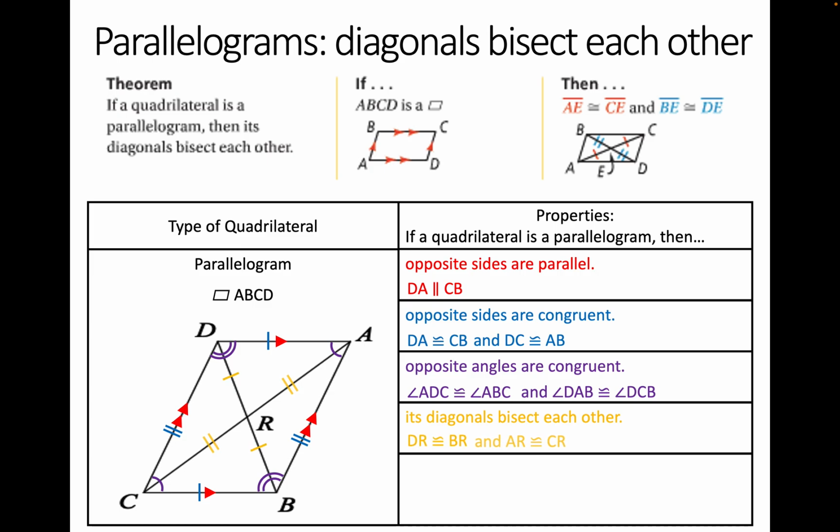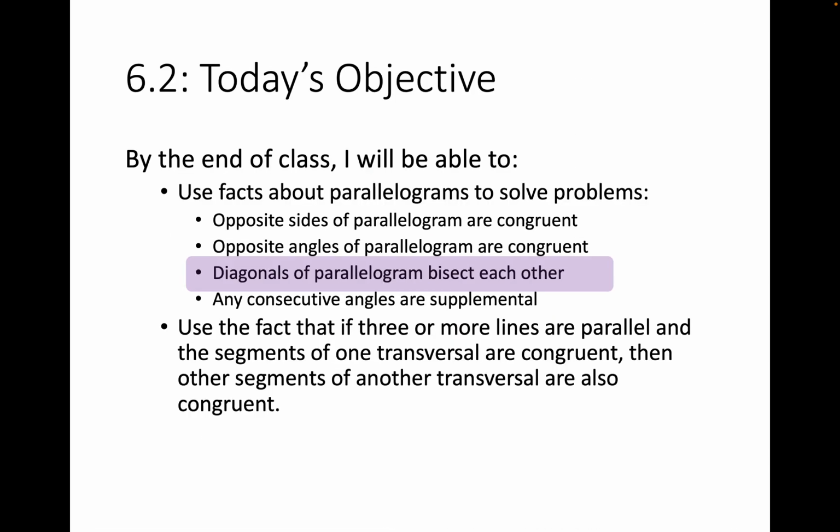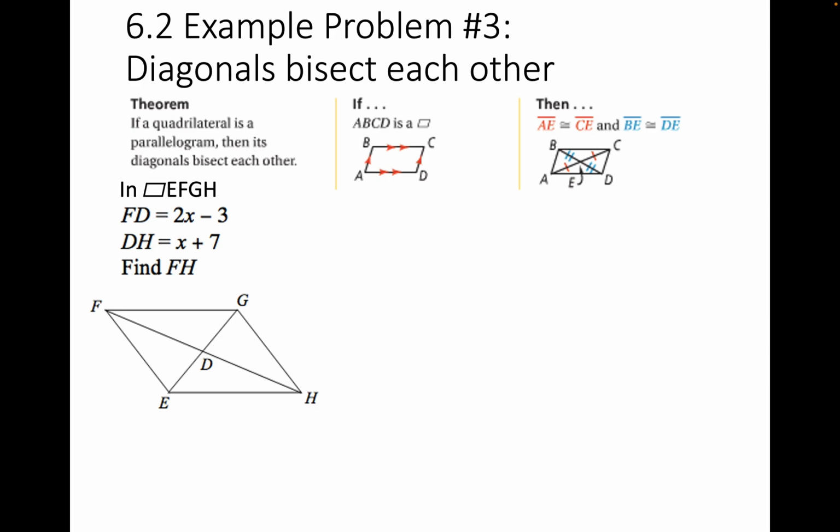And similarly, we know that AR is congruent to CR because R is the midpoint of AC, because AC is bisected by DB. So pause, take this in your notes. And then we can move on to our next objectives, that diagonals of a parallelogram bisect each other, by trying example problem number 3. Push pause and try example problem number 3 on your own.